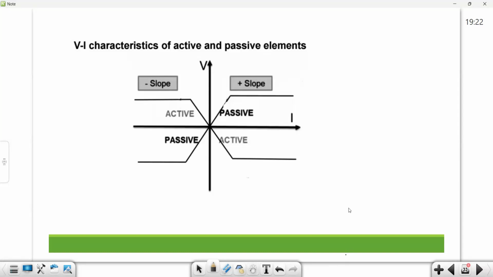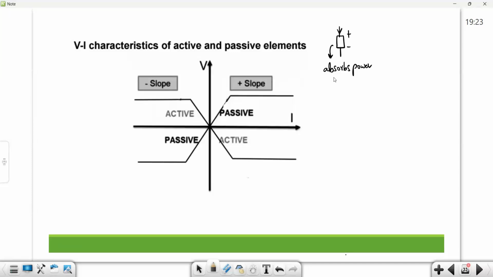What is it based on? The current direction. I told you yesterday, if current through an element is flowing from positive to negative, it absorbs power or energy.